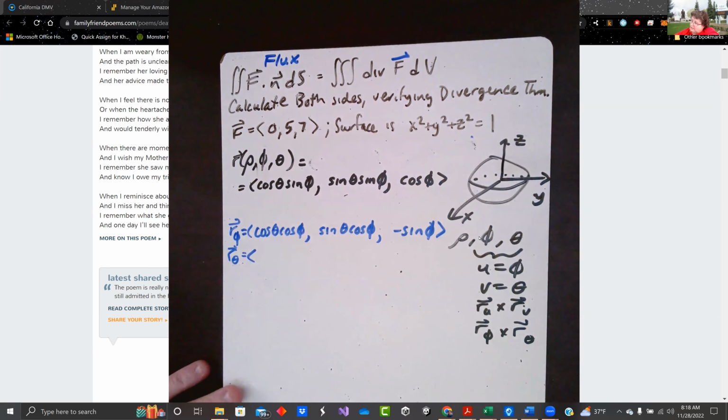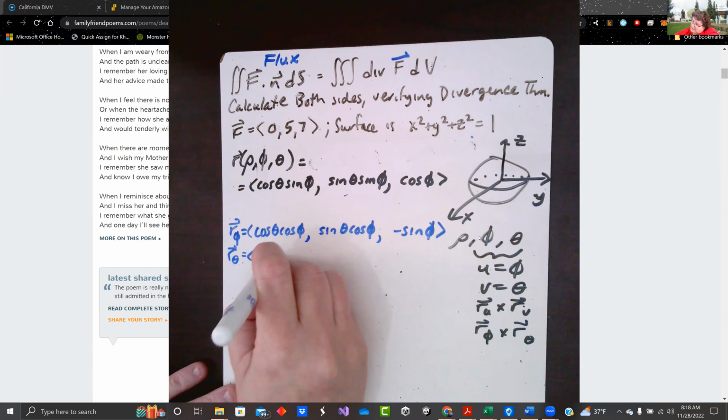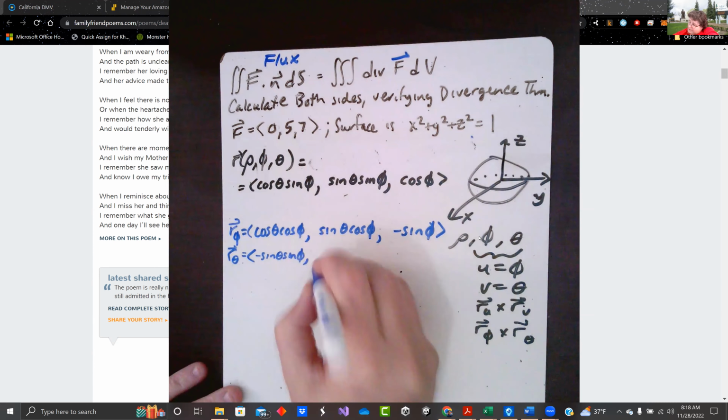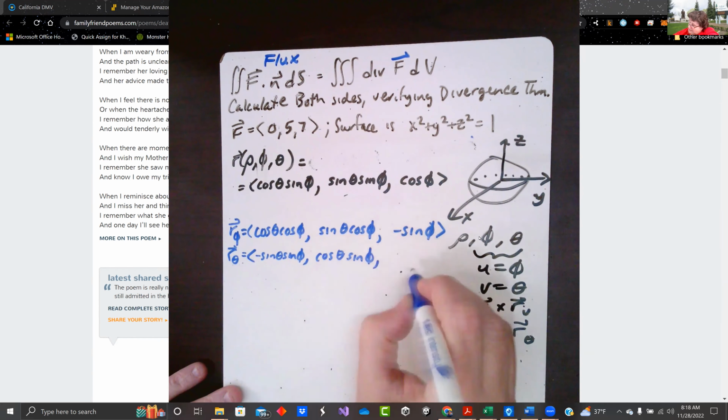r_theta, we have negative sine theta sine phi, we have cosine theta sine phi, and we have 0.